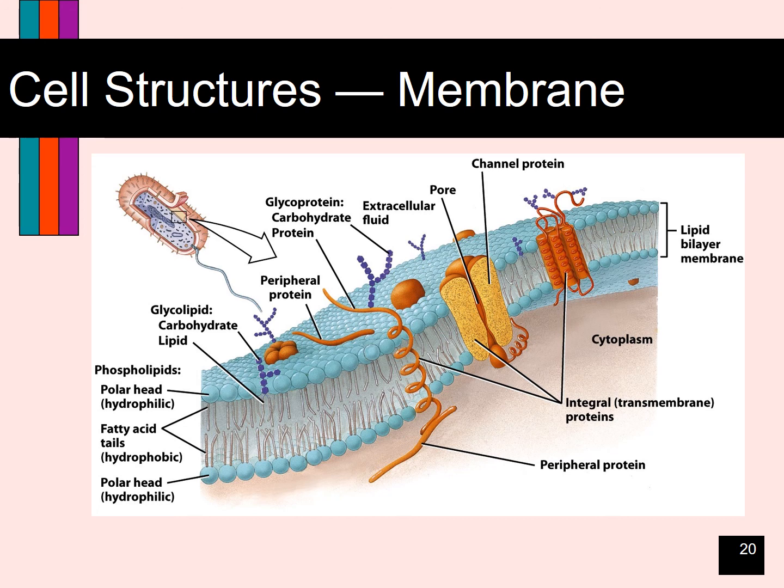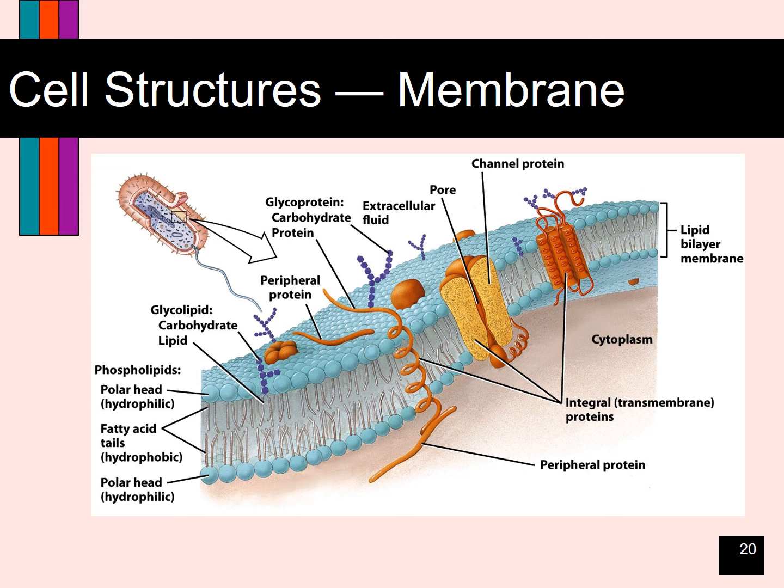You can see those two different types of proteins here. There are peripheral proteins, which can be associated on the outside of the membrane, or the inside of the membrane. They can be associated with the membrane itself, or with a transmembrane spanning protein.